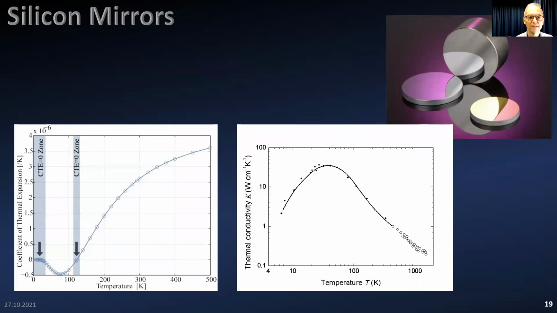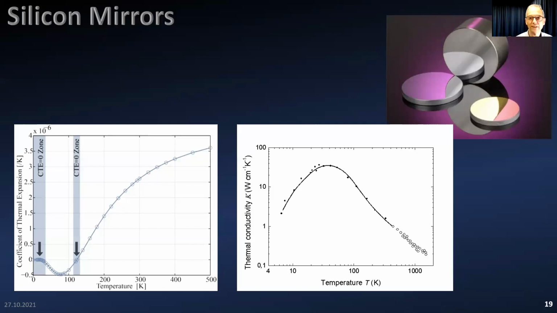You see on the left side the coefficient of thermal expansion of silicon. And you can see if you go down to 10 Kelvin, it's essentially 0, which is very good because it means if you put the beam on the mirror, and you heat the mirror essentially in the center, while on the outer circumference there's very little laser power, then you don't create stress.